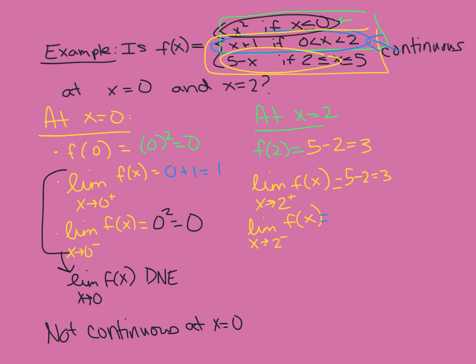I'll actually change to blue color. So I am going to use x plus 1 as my equation. That's going to give me 2 plus 1. Again, that's also 3. If all three of these things are equal, then that is a sign that your function is continuous at that value. So it is continuous at x equals 2.